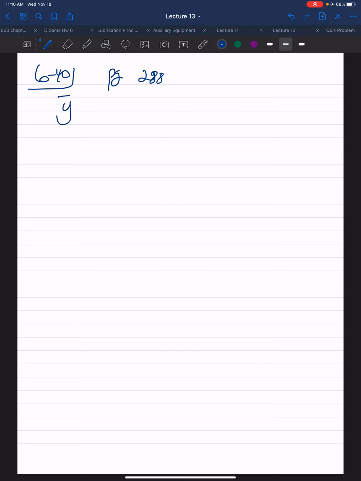So I just want the y coordinate of the centroid. They said neglect the size of the corner welds at A and B. So we just say this is the x-axis.